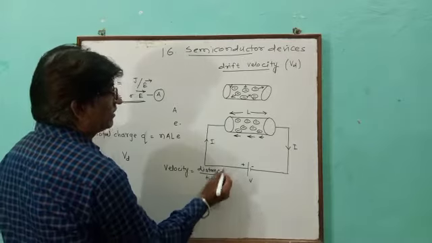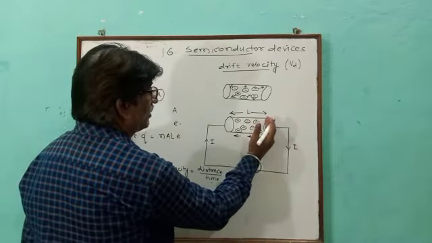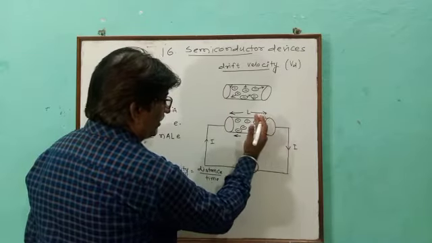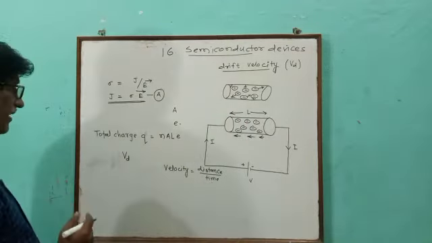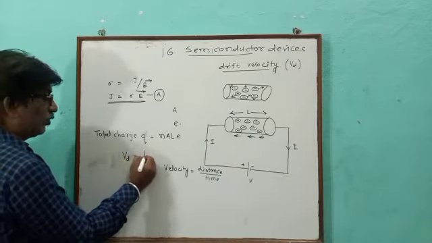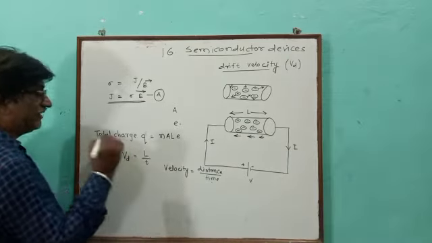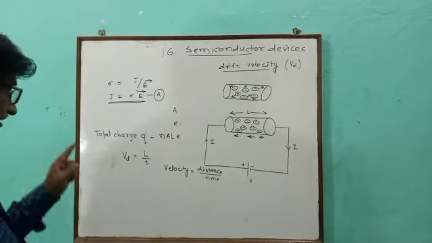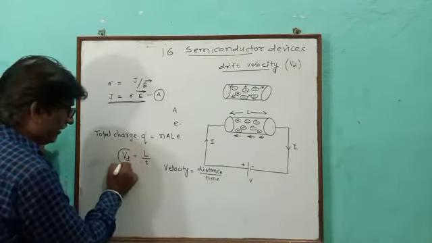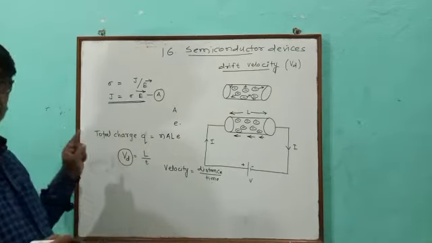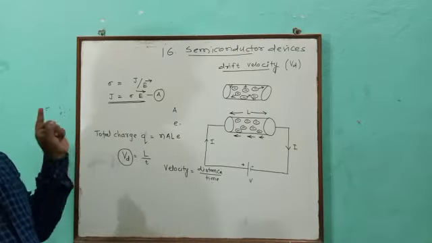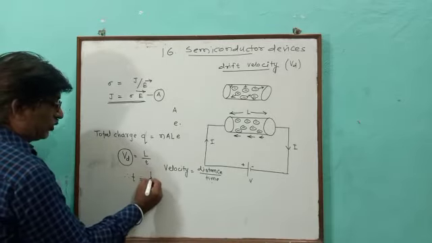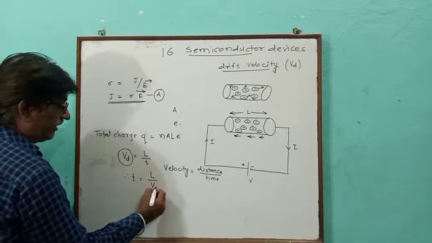In time t seconds, these electrons can cover the distance L from left to right or right to left, which means Vd is equal to L upon t, where Vd is the drift velocity. So we can find the time: t is equal to L upon Vd.